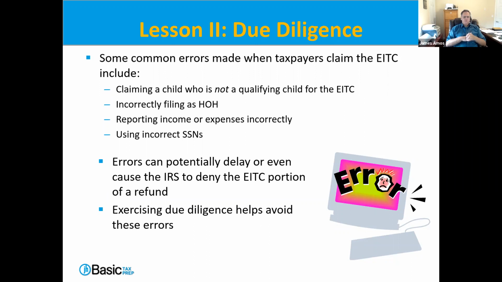The next one is reporting income and expenses incorrectly, and that's just reporting the wrong amounts or using incorrect Social Security numbers. So those are just common errors, okay? And if an error is made, it can slow down or even cause the IRS to deny EIC. So you've got to use due diligence. When asking questions of a client, you've got to ask the right questions and you've got to document your answers.